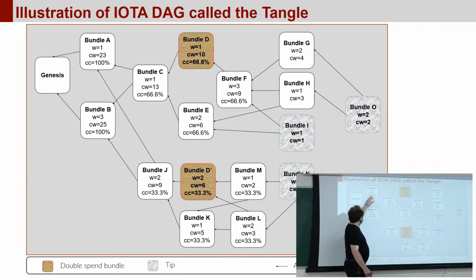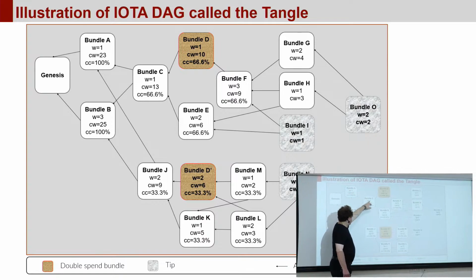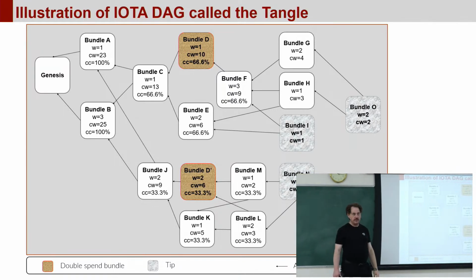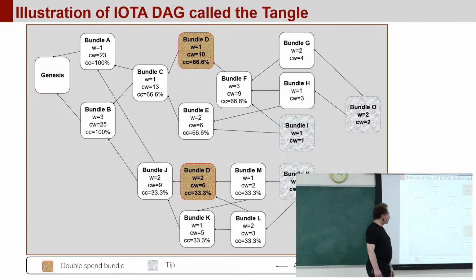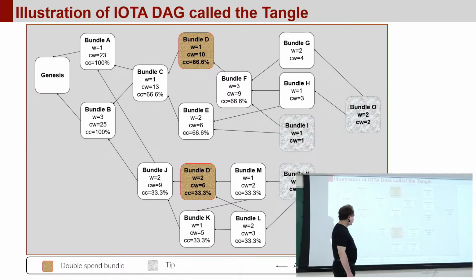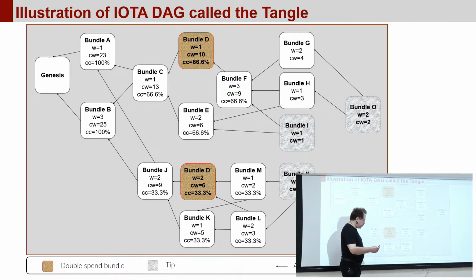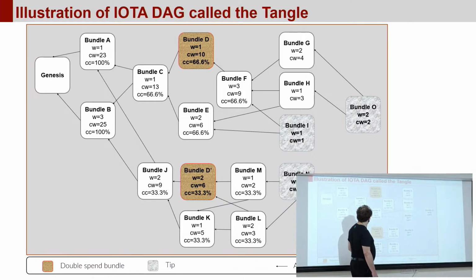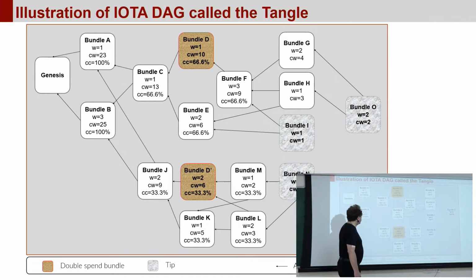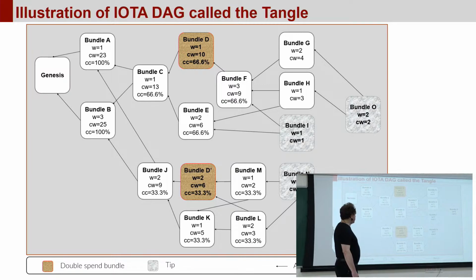Something you can immediately see, each transaction has a weight, and I'll explain the meaning of the weight of a transaction soon. So this is, by the way, double spending. So here and here we have a double spending transaction, which exists in two different branches.